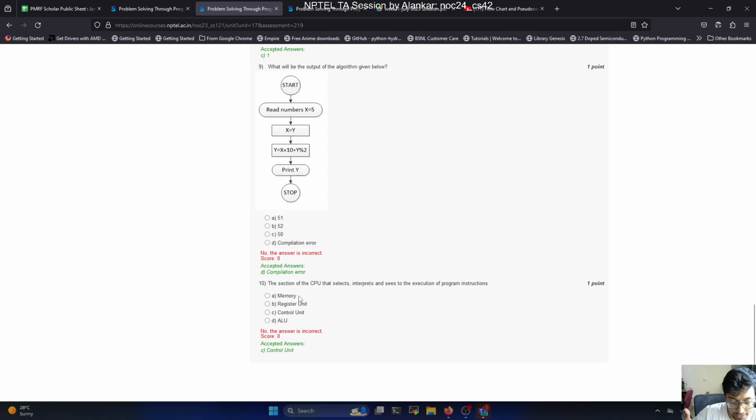And then there is the control unit which controls the execution of your code line by line, which is already loaded into the memory. And then there is the ALU, or the arithmetic and logic unit, which does all the calculations. So these are basically all the different components. Does that explain?